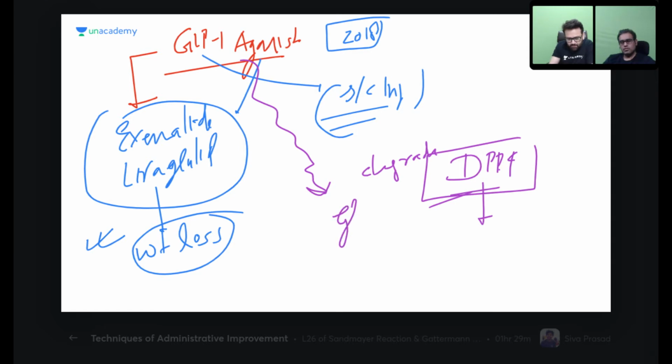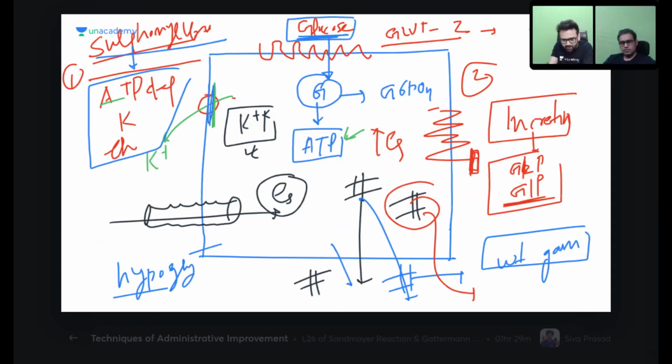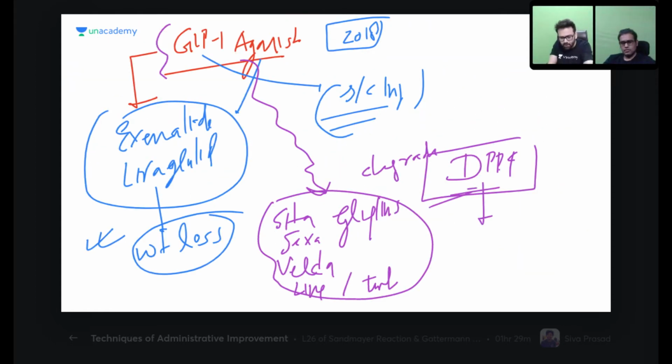So all the gliptins, sitagliptin, vildagliptin, saxagliptin, these all are sisters: sita, saxa, vilda, lina, tenli. All gliptins are DPP4 inhibitors, and when you inhibit DPP4, the action of GLP will be increased. So they all are acting on this level.